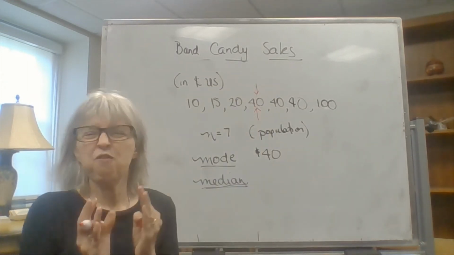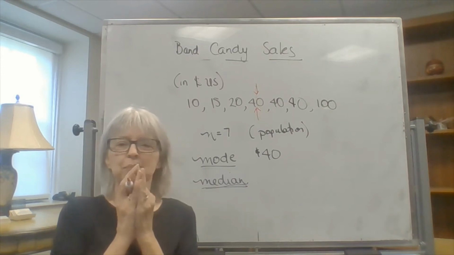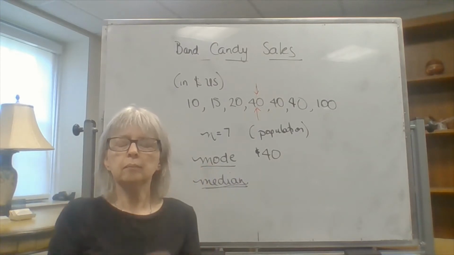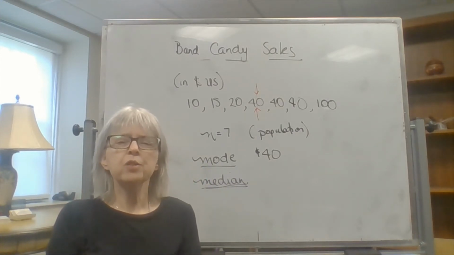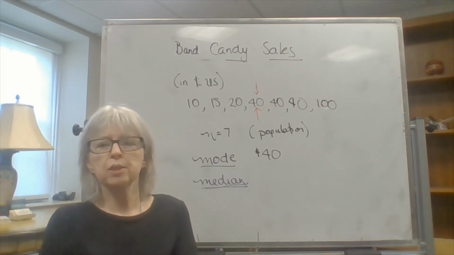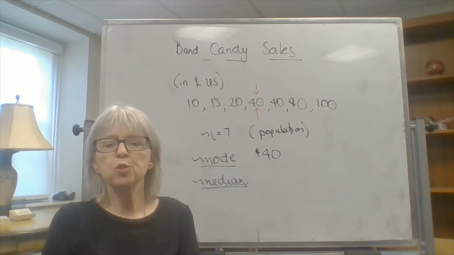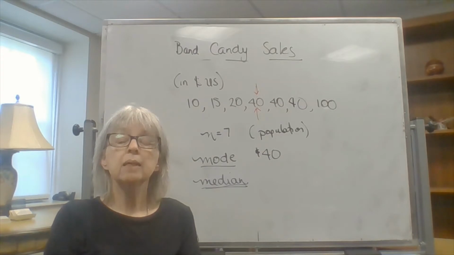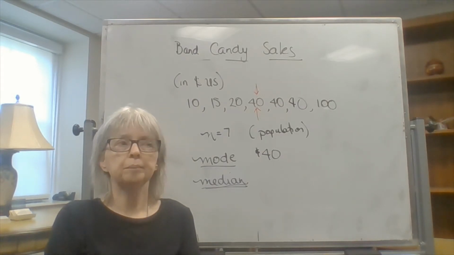Like right through here, yeah? If I could cut the numeral 40 in half, then yeah, there's the middle. There's the number in the middle. There's 3 numbers to the left, 3 numbers to the right. 40 is dead center in the middle. The median is 40. You find the number in the middle.